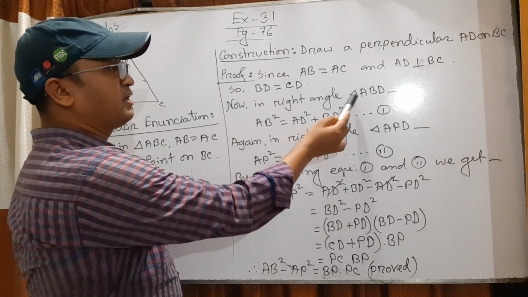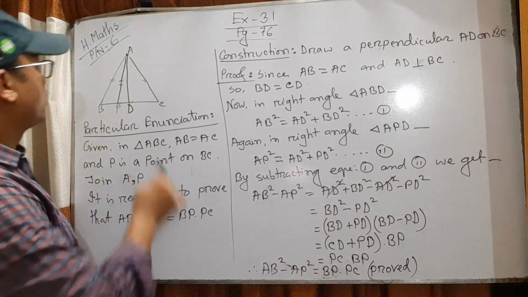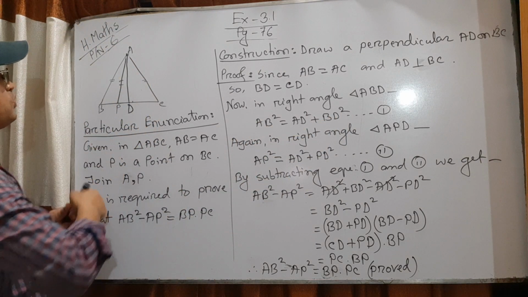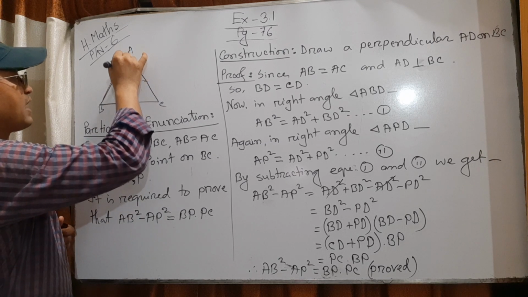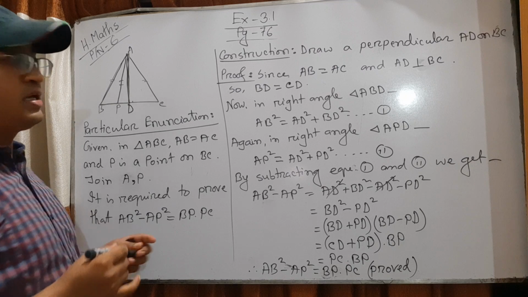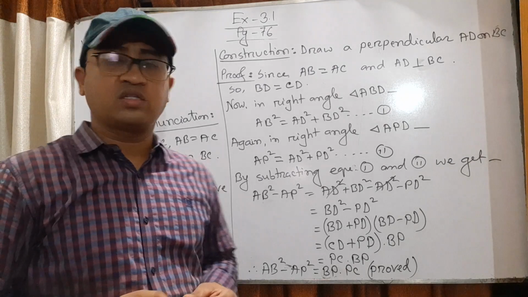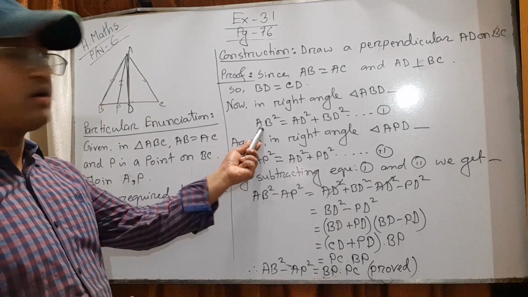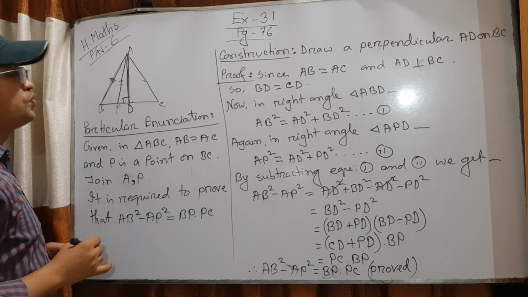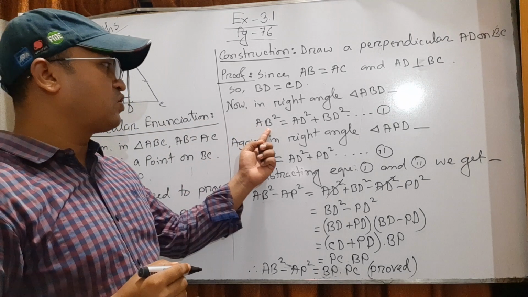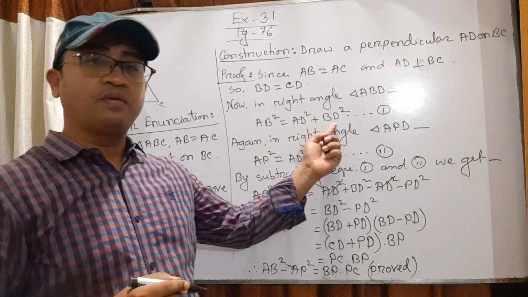Now in right angle triangle ABD, look, ABD, this portion, this is a right angle triangle. Here we can apply the Pythagoras theorem, that is AB square, hypotenuse. This is the right angle and AB should be the hypotenuse. AB square equal to AD square plus BD square.